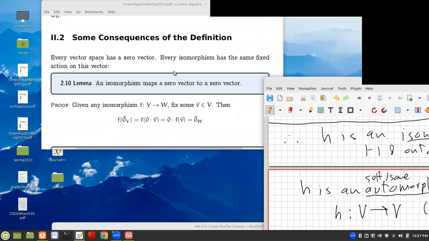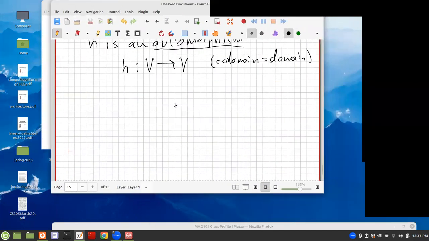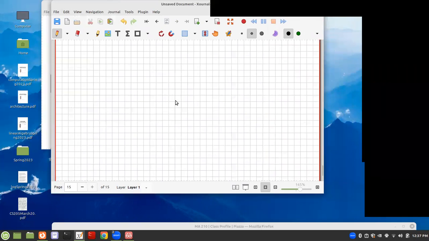Okay, so now here are some consequences of being an isomorphism.